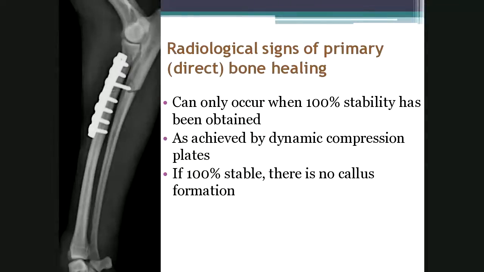Radiographically, there is gradual disappearance of the fracture line without the formation of external callus. So in the example here, the proximal radial fracture has been repaired with a dynamic compression plate. So the bones are very closely aligned and compressed against each other. And thus, in this case, no fracture callus will form.